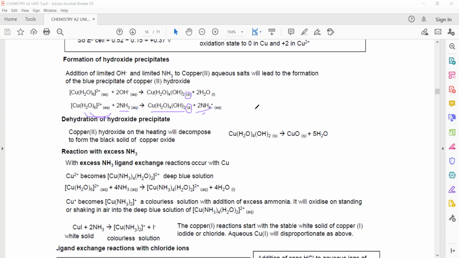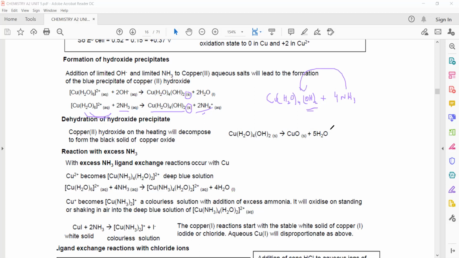Why does the precipitate dissolve? Like if you have this Cu(H2O)4(OH)2, when you add an excess of ammonia, the ammonia will displace this hydroxide.